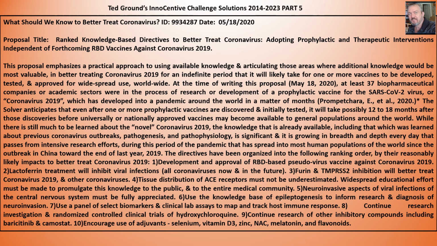But in the meantime, we should learn as much as we can about this, including looking into things such as furin inhibition and lactoferrin treatment, and the fact that it is neuroinvasive, and that we shouldn't just look at coagulation and blood clots and that sort of thing.